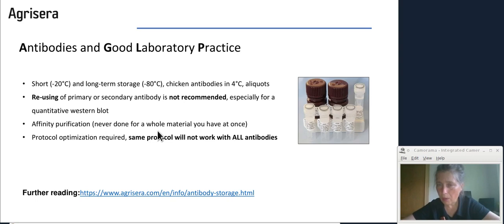Therefore, only a small part of the material should be used in a first attempt. And also, please remember that there is no standard protocol which will work with all antibodies. Antibodies are a little bit like people. They are all different, so they may require different binding conditions depending upon the target protein which they are recognizing.